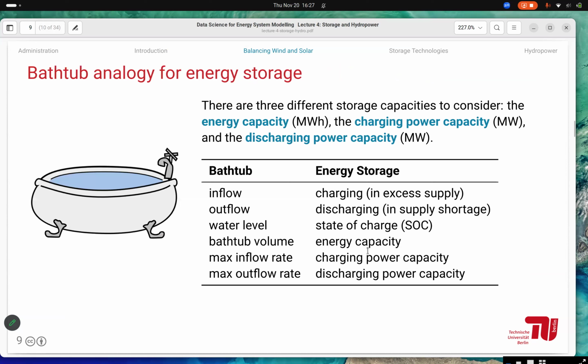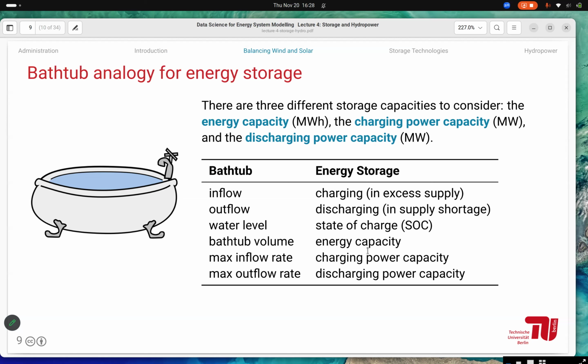So you can make somewhat of an analogy with a bathtub, where you have three main design parameters, or three capacity parameters. One is how much energy can the storage hold? How much water does the bathtub hold?